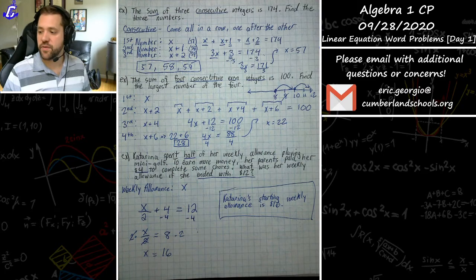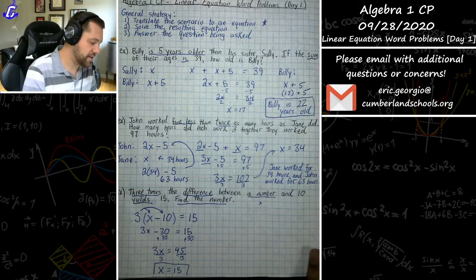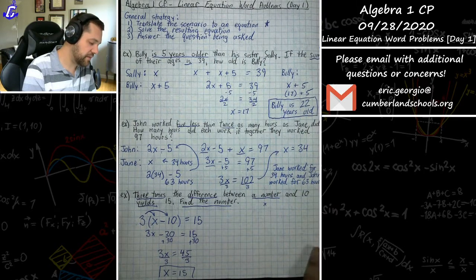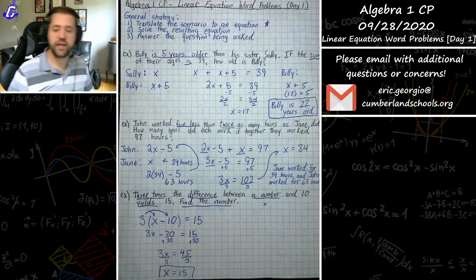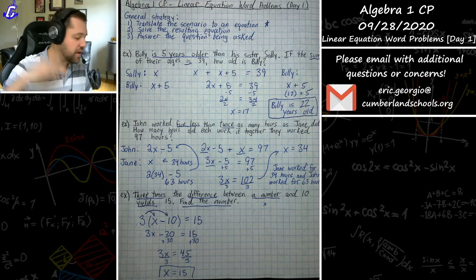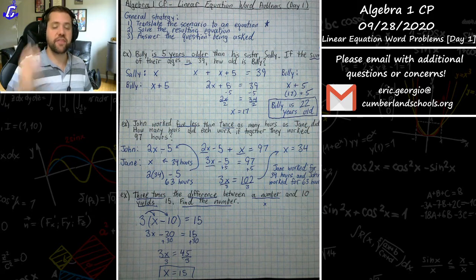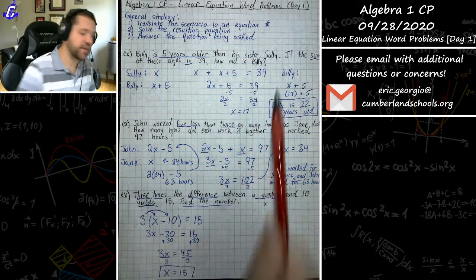Alrighty. Just a quick little recap, and then I'll call it a day. So what we did here is I went into how to solve some linear equation word problems. I went pretty in depth on trying to translate the words to the math, right? Extract the equation from the scenario, because I think that's really the key part of all of this, being able to take these words and translate them to math.